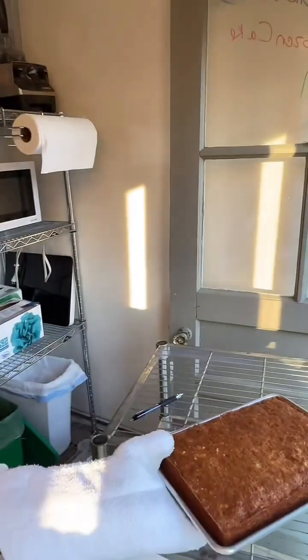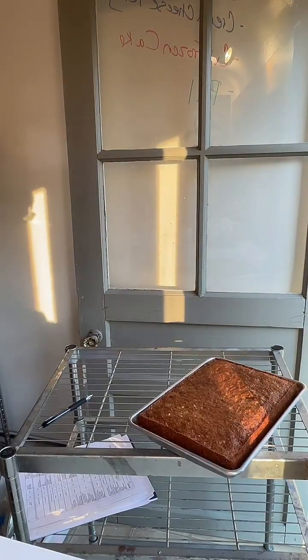You know what, I'm just going to put this on my IKEA rack over here by the door because look, it's going to cool way faster than if it's on the countertop. One way to cool things quickly is if you do put things on here, find the coldest place you have. I have stainless steel tables, and just keep moving it around. That'll help cool it down quickly. In a minute, I'm going to take it out of the pan, but quite frankly, you can cool it in the pan.